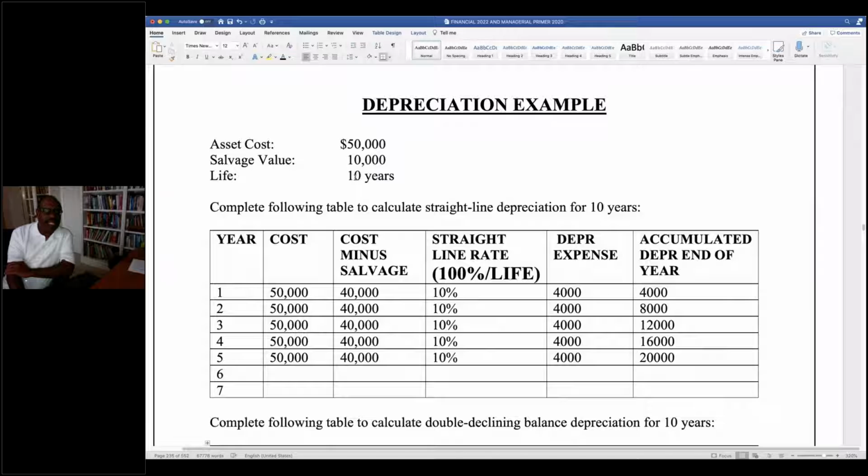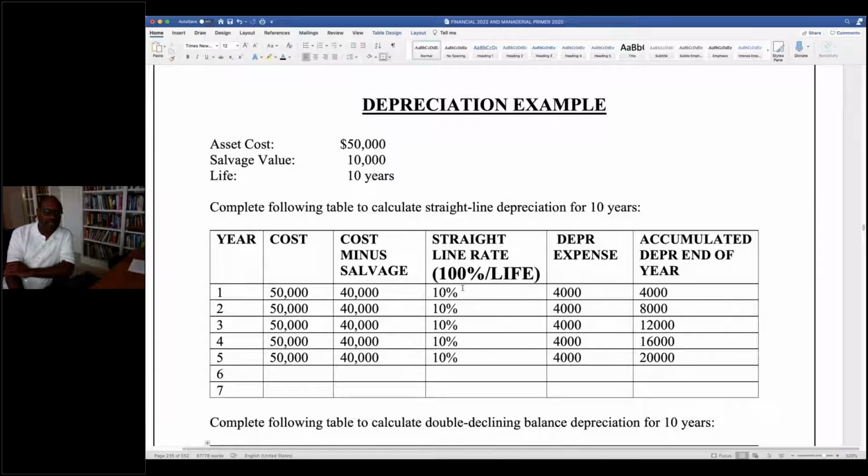We have a 10-year life, we divide 100% by 10, and the rate is going to be 10%. If the life was 5 years, what would this rate be? 100% divided by 5 would be 20%.